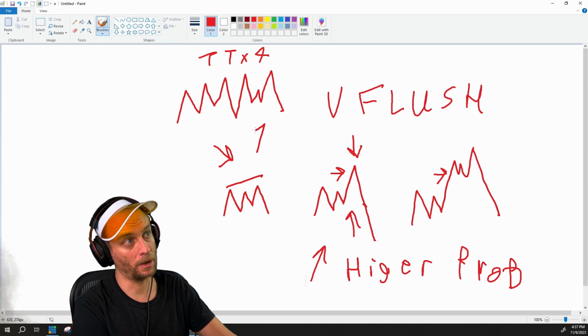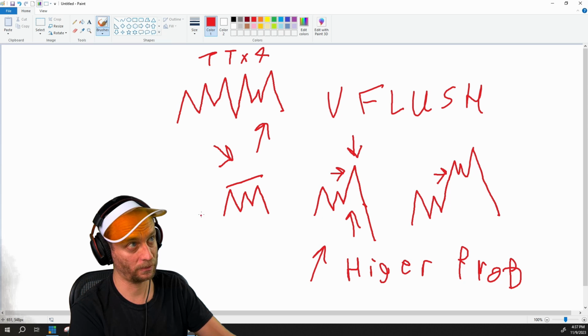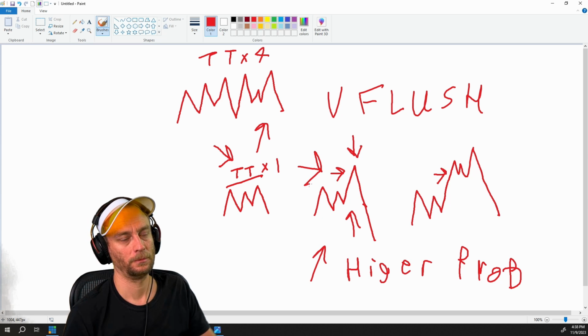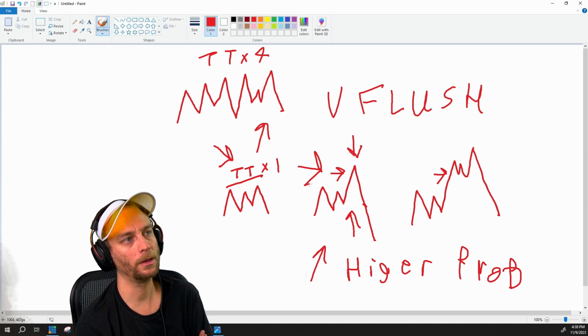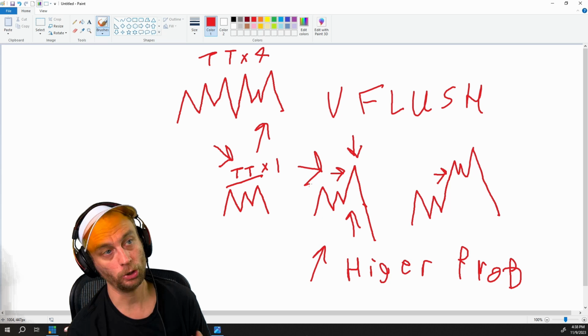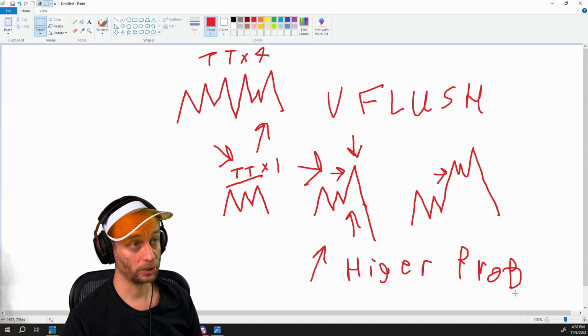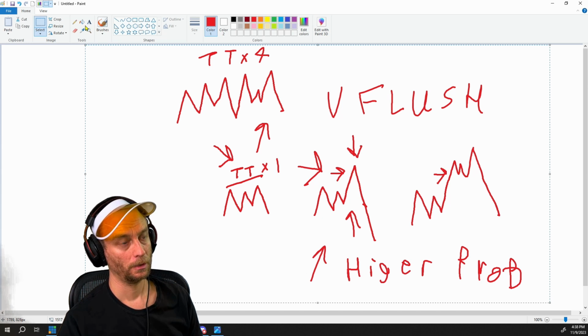This has a better probability of going to the other side versus a TTX 1. A V flush, however, I just need one of those, and there's a good chance it could go all the way through and actually blow out the other end.